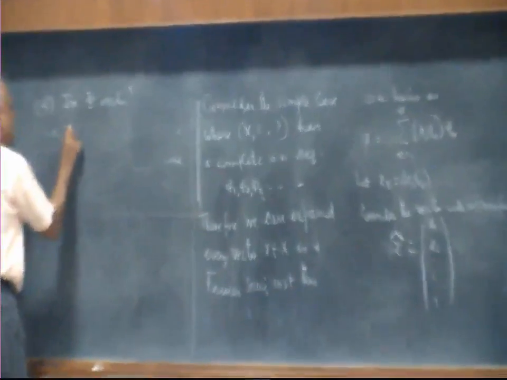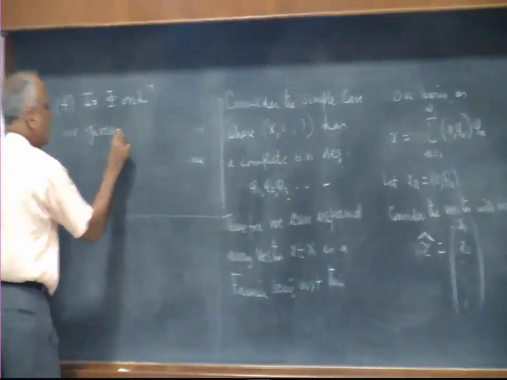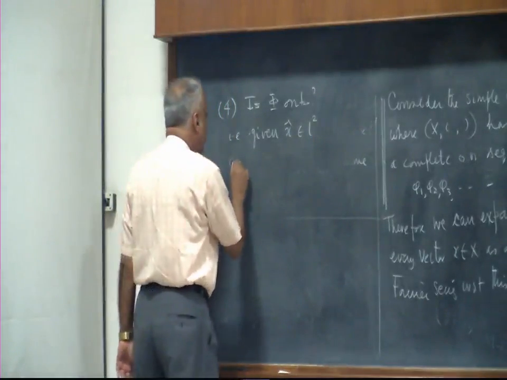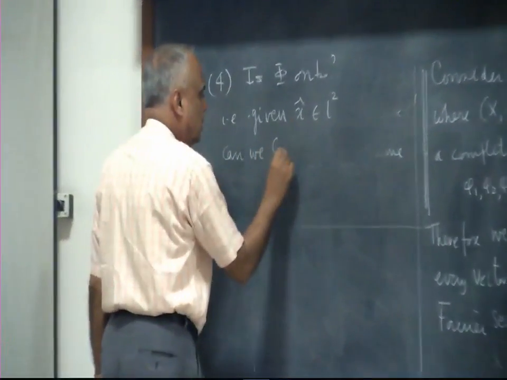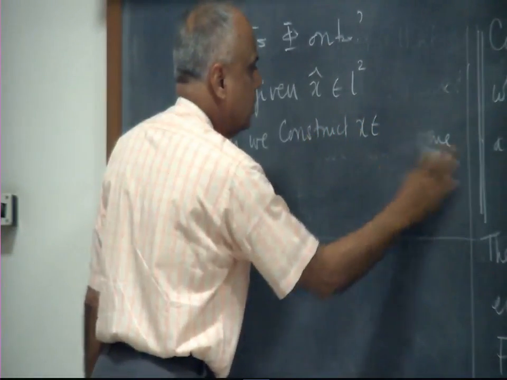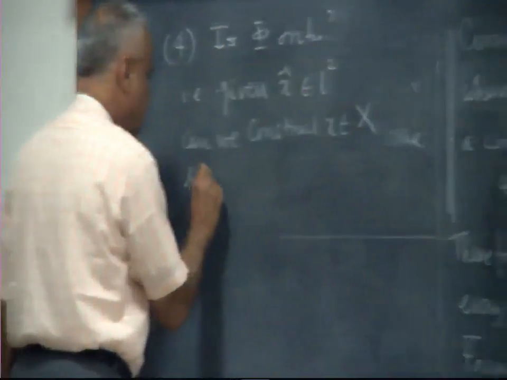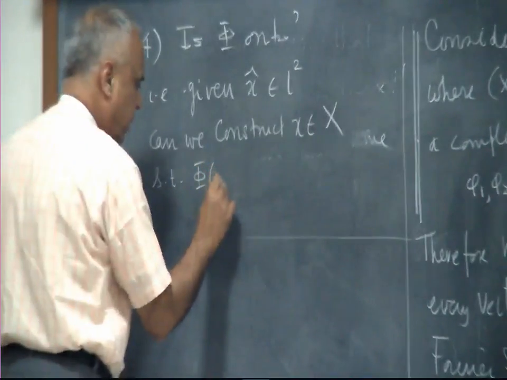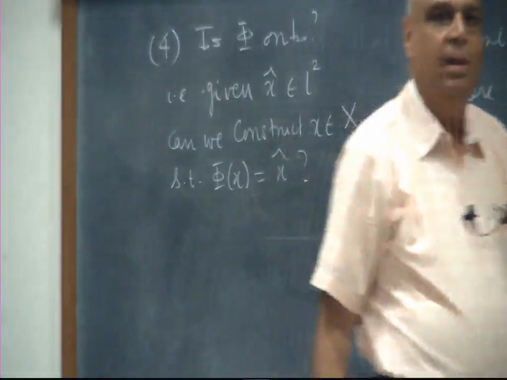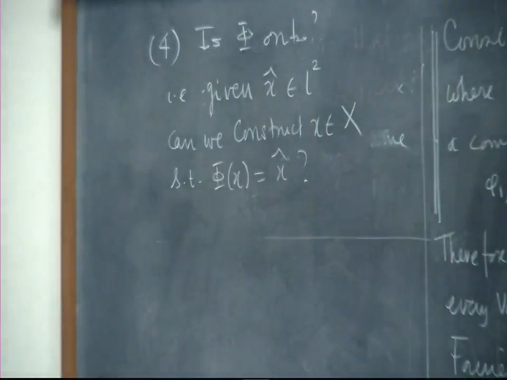That is, given x hat in L2, can we construct x in capital X such that capital phi x is equal to x hat? That is what is meant by onto. Everybody there is the image of somebody under phi.